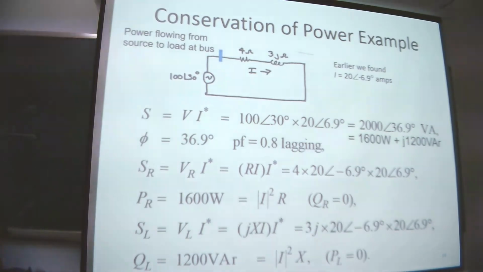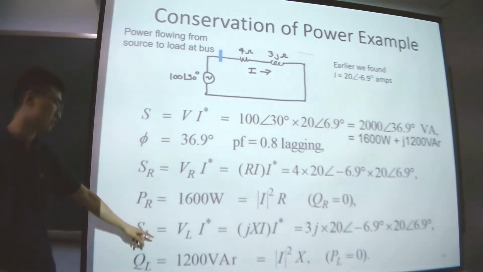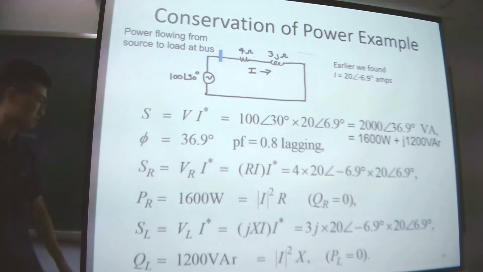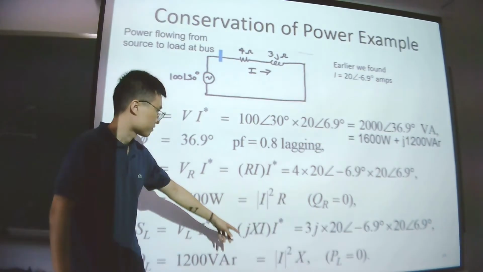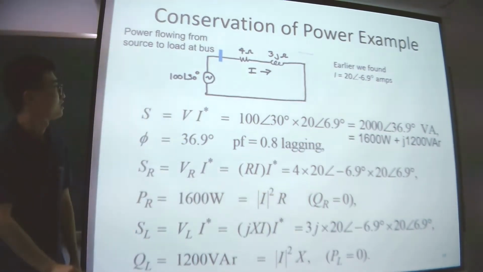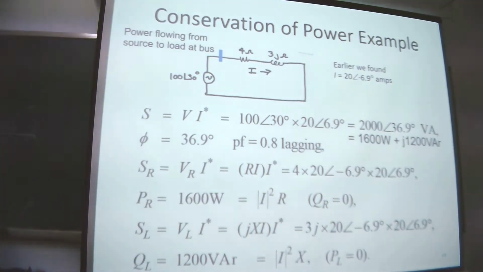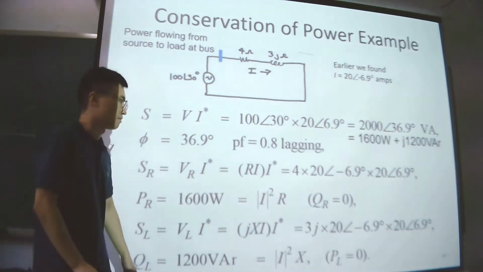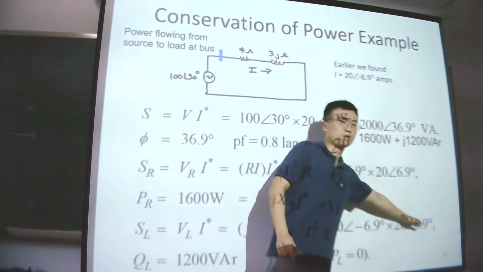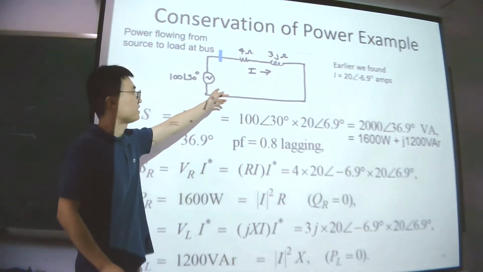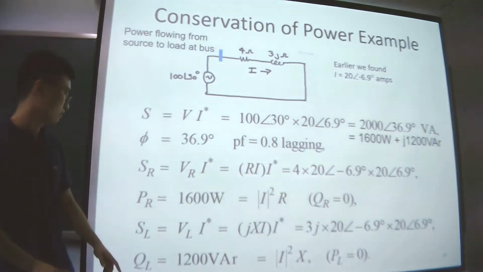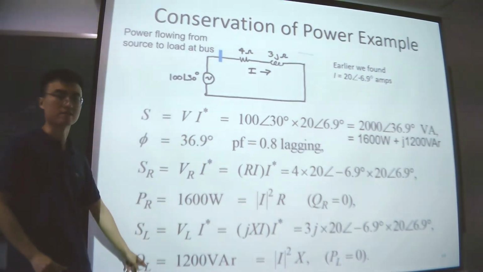So this is 60. But you see the inductors in this circuit are okay, because these two currents compensate, this angle compensates for this one. So in this situation, the angle of the inductor is 0.